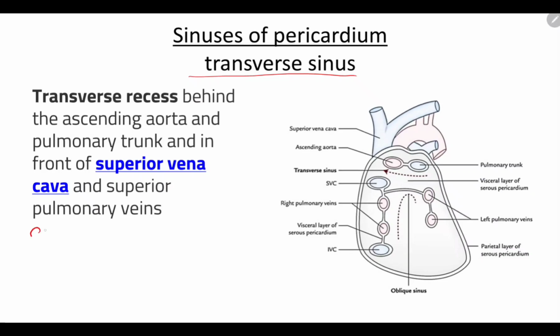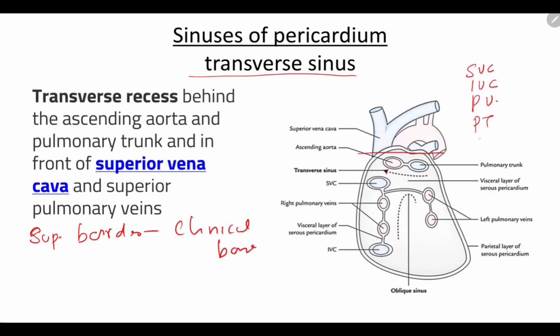The superior border of the heart is known as the clinical base of the heart. If you see this superior border, what are the structures present? We have the superior vena cava, the inferior vena cava, the pulmonary veins, then the pulmonary trunk, and the aorta.